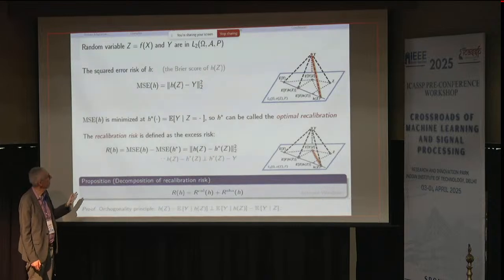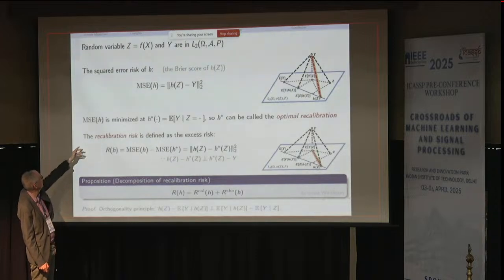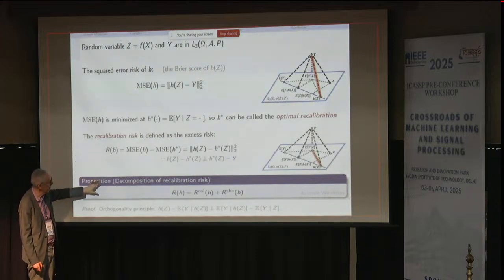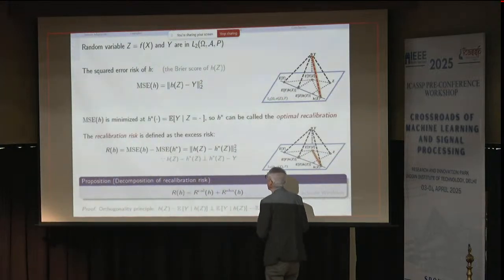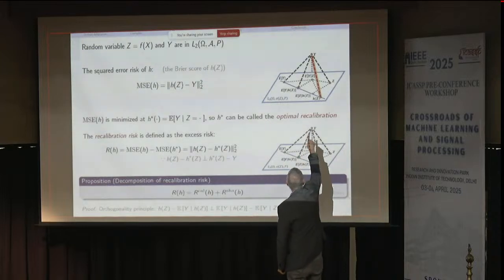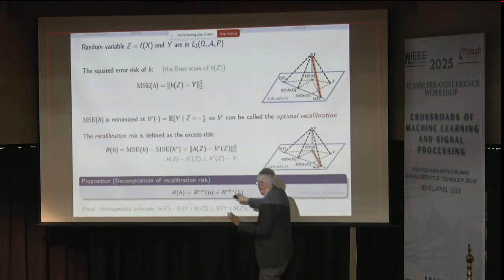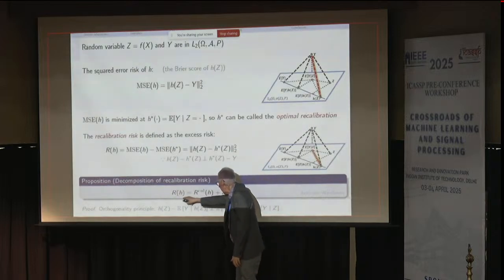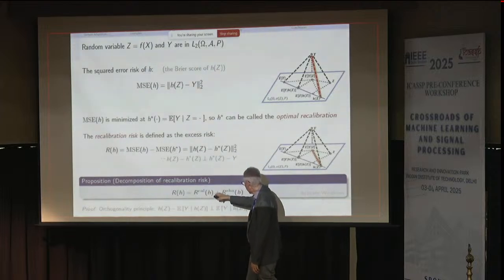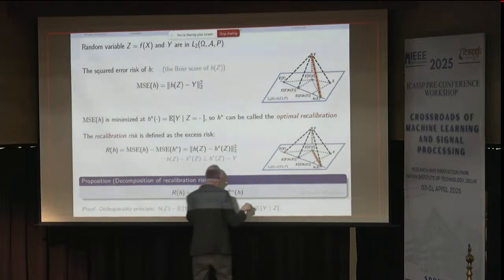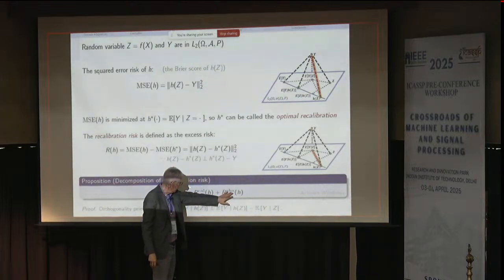But it's not the main point here, which is that we have a decomposition of the so-called recalibration risk, which is what I'm showing up here. That's if you have z. Well, first of all, let me just say here in words that this risk we're going to target for choosing h can be decomposed into the sum of what we call a calibration and this sharpness risk.